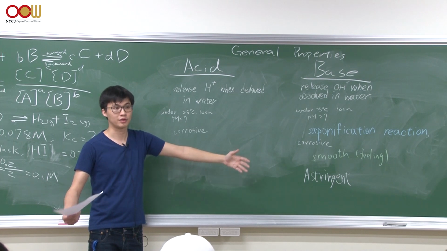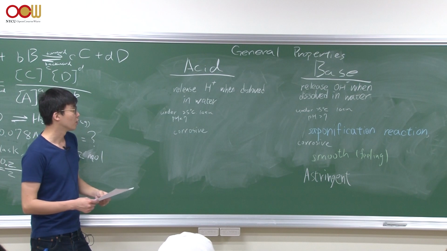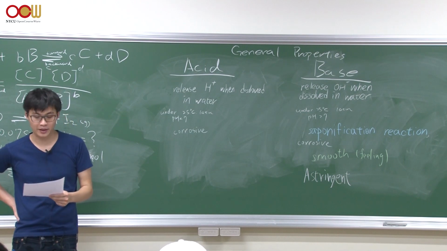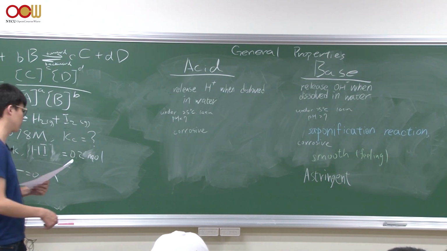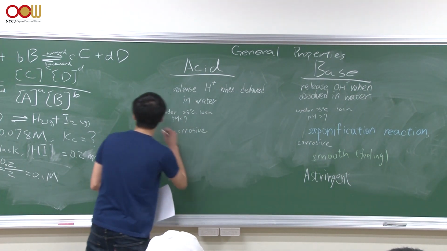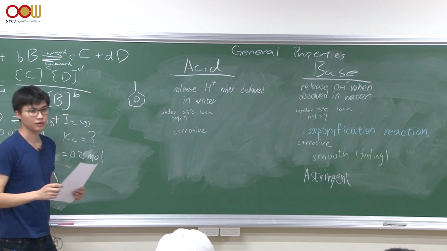For acidic solution in water, such as lemon juice, it's acidic. If we dissolve some limestone or baking soda, sodium bicarbonate, into water, it gives us a basic solution. Okay, so the limitation of the Arrhenius definition is that it doesn't work when you dissolve, for example, HCl gas into toluene, which is a hydrophobic solvent, okay?